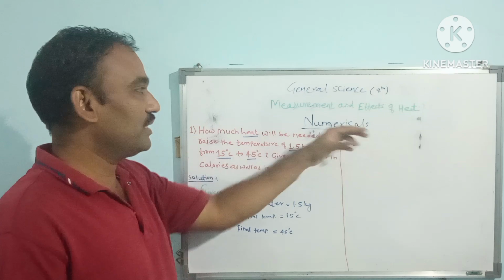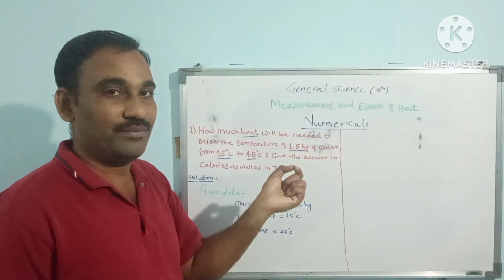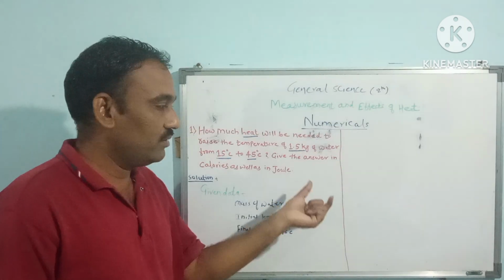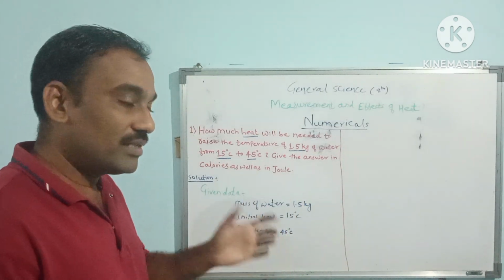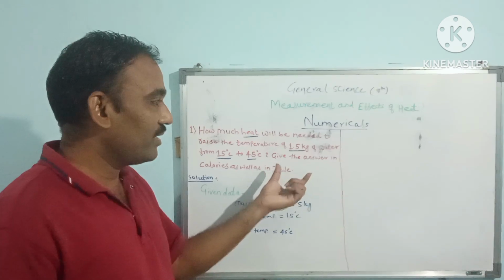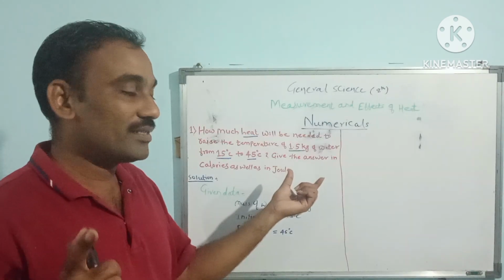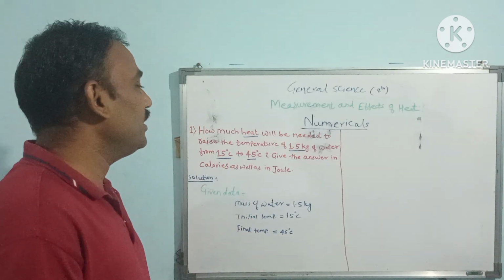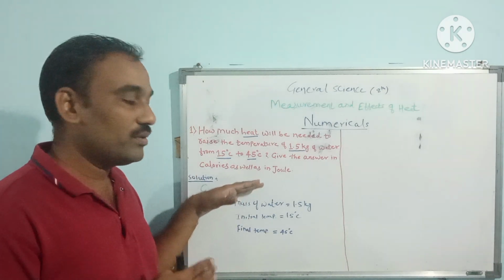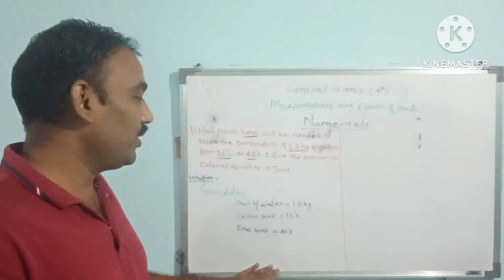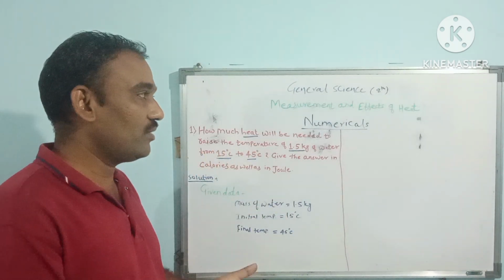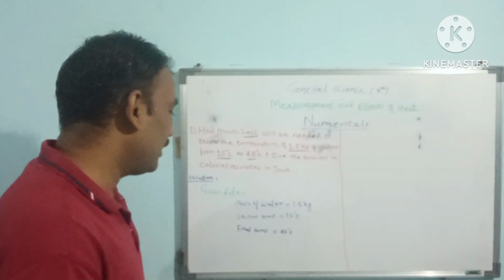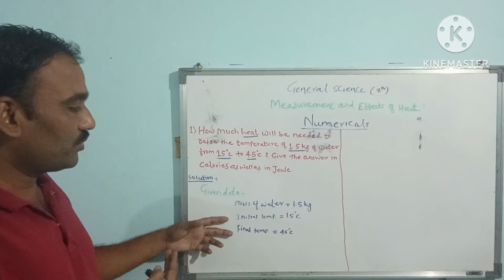Now see, in the previous lecture we have already discussed the theoretical points related to heat, especially related to measurement of heat, so I think there is no need to repeat or revise it in this session. Whoever attended or watched the last session will easily solve this problem, because in that session I told you the basics and fundamental things related to heat. Now come back to the problem.